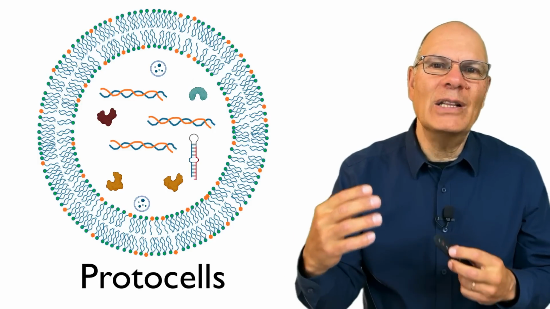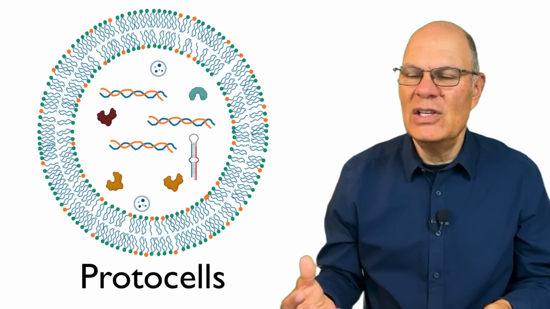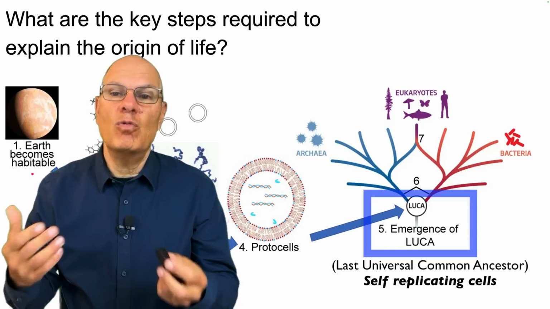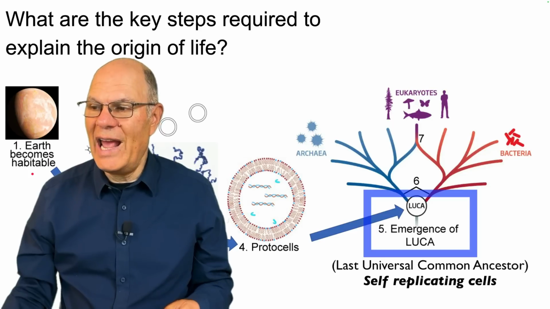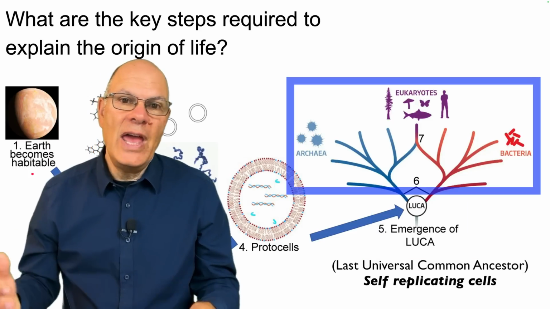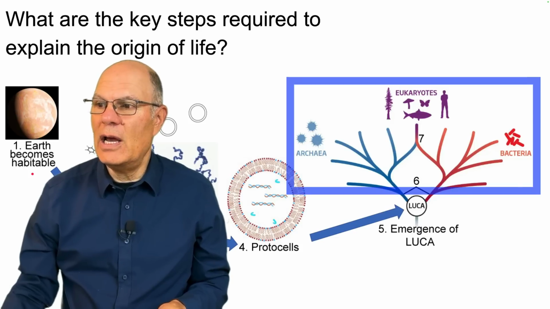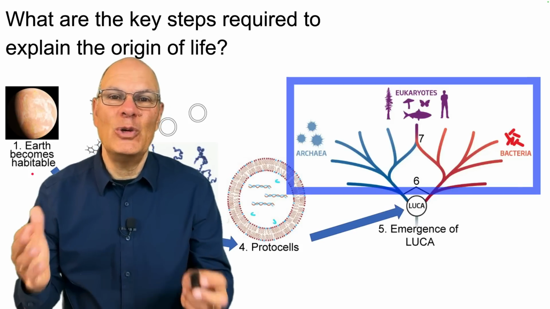These aren't quite living cells the way that we have them today, but they have many of the characteristics of cells. And finally, we have the emergence of self-replicating cells. That would be the last universal common ancestor over here, and that gives rise to the 3 great domains, archaea, bacteria. Those two combine, that's another story altogether, to form the eukaryotes.